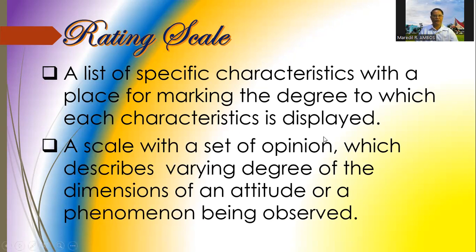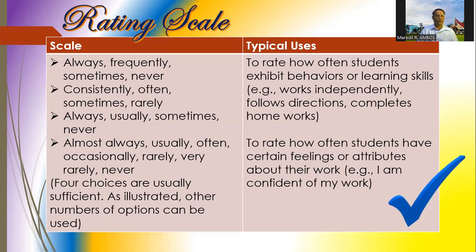It is also a scale with a set of opinions which describes varying degrees of the dimensions of an attitude or a phenomenon being observed. Here is the scale that we use in a rating scale. For example, always, frequently, sometimes, and never. You have actually 4 choices or options.